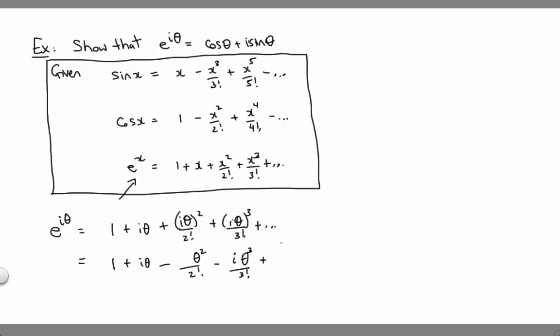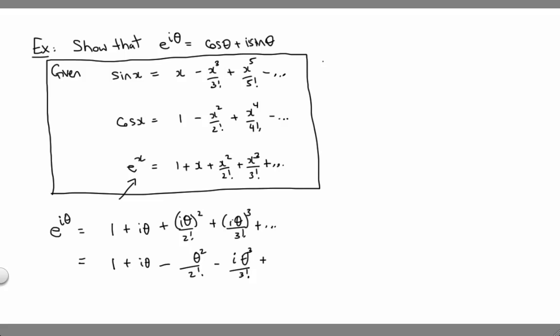Then we'd have our theta to the 4th term, etc. And the pattern of the coefficients, if you ignore the factorials for a second, is just going to go according to the powers of i. So it's going to be 1, i, minus 1, minus i, 1, i, minus 1, minus i, divided by the appropriate factorial. So let's see what that does for us.